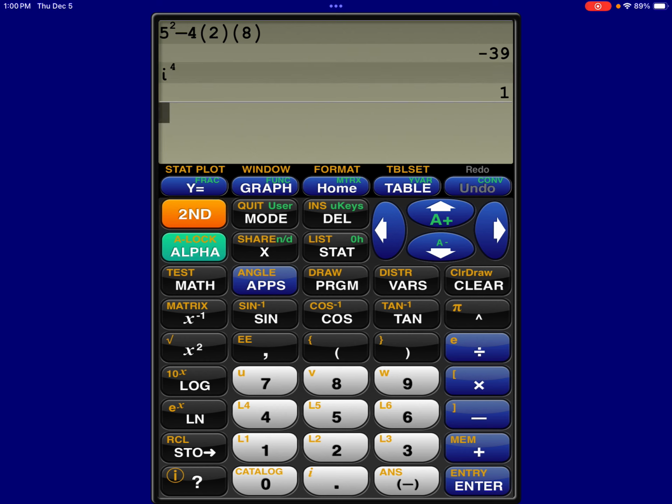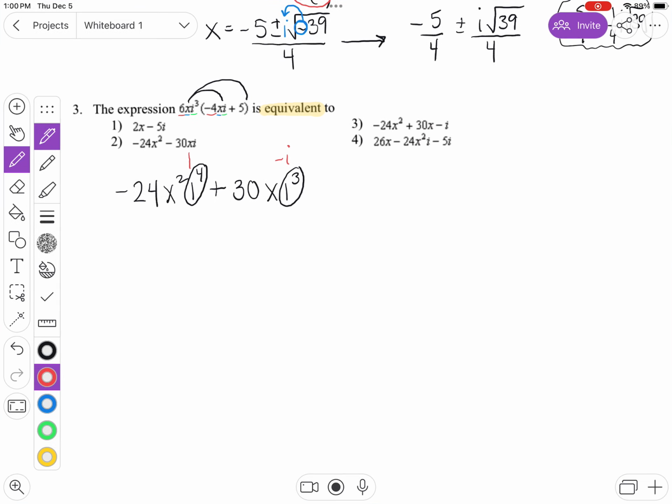So i to the fourth is just 1, and i to the third is negative i. Be careful, it's not minus i, it's negative i. So if we put this all together, this 1 I really don't need anymore because it's just 1. Okay, and this negative is really just going to change that to a minus sign. Okay, and I still have the i.